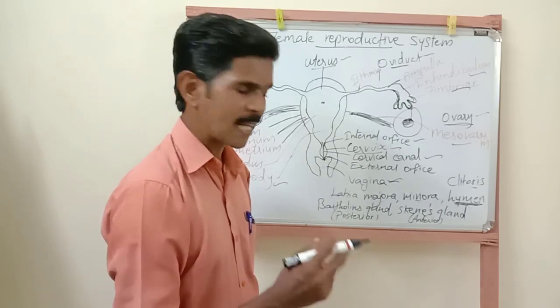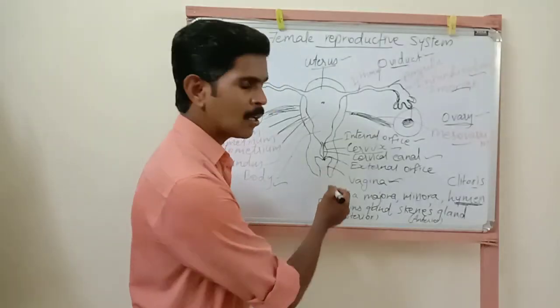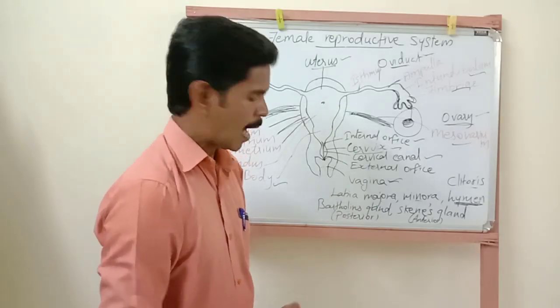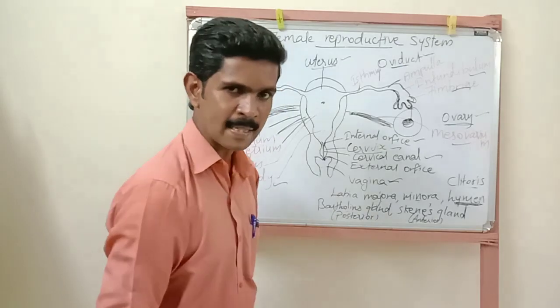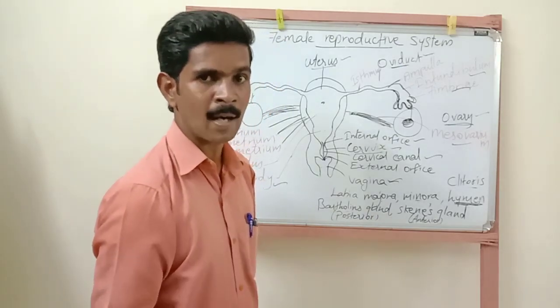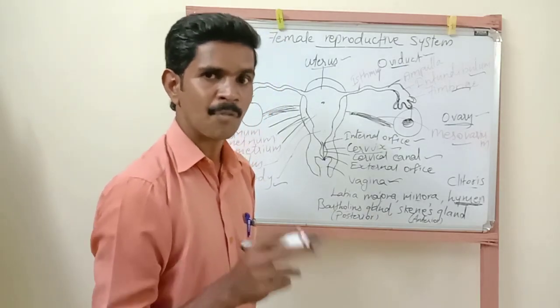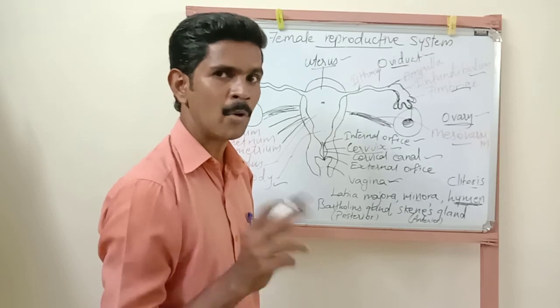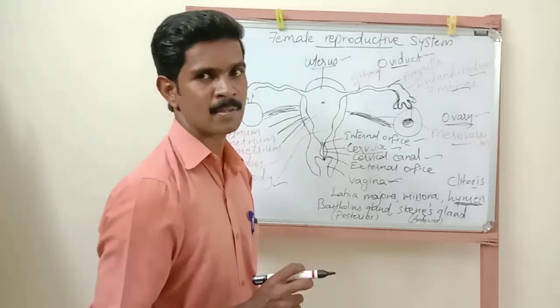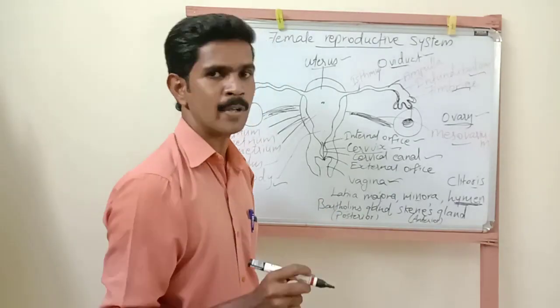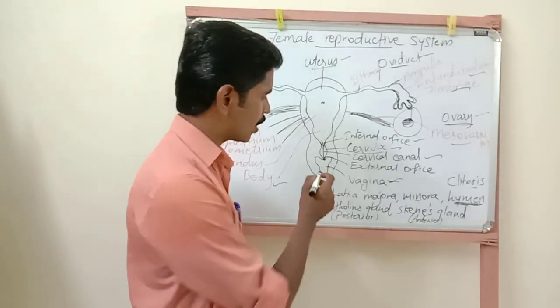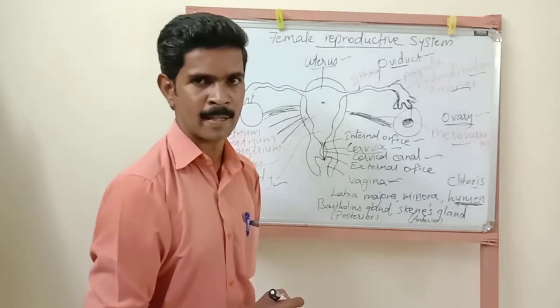This fluid helps in lubrication of the vagina. And the fluid secreted by this Bartholin's gland is homologous, or similar, to the fluid secreted by the bulbourethral gland of the male reproductive system. Listen very carefully to this point. This gland secretes a fluid, and this fluid supports lubrication in the vagina.